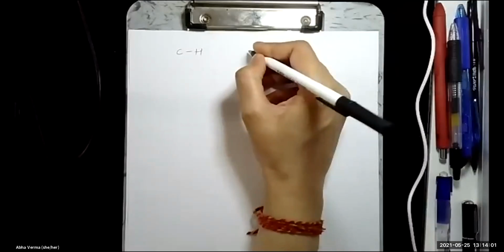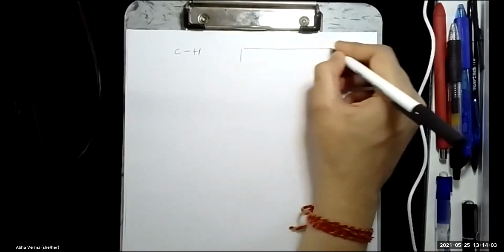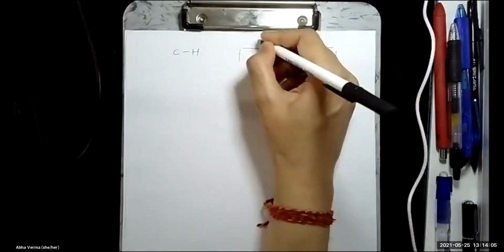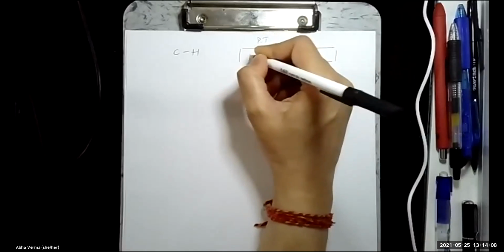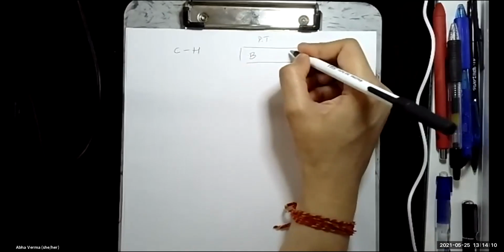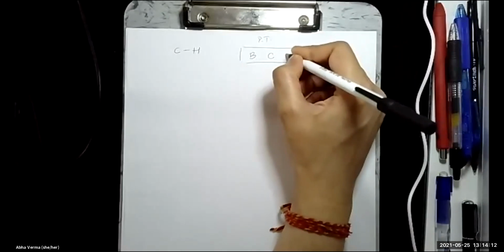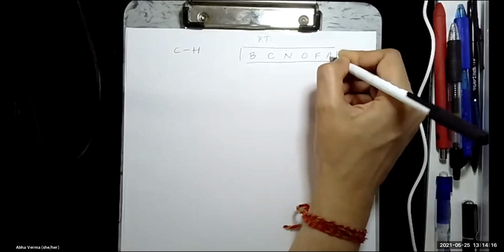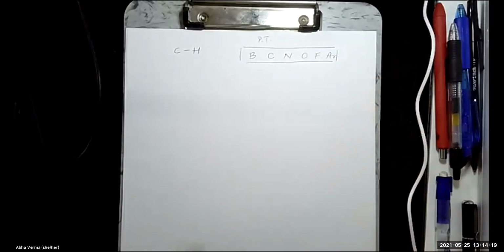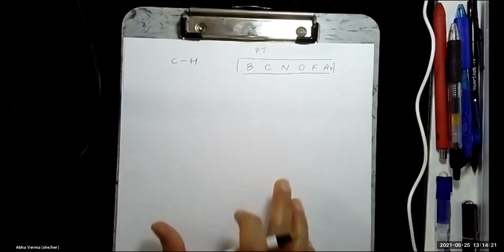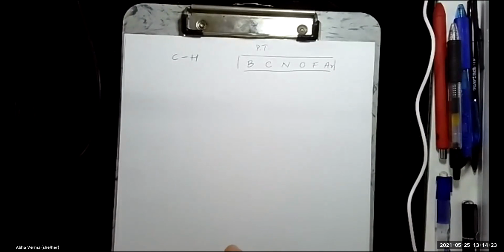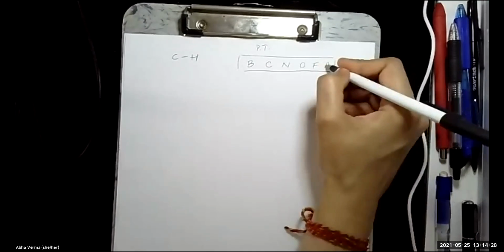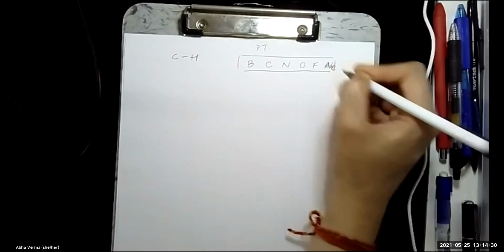And so the first thing that you all need to remember is your periodic table. If you look at the periodic table, there is boron, carbon, nitrogen, oxygen, fluorine, and then neon. Now, why is the periodic table very important for all of us?